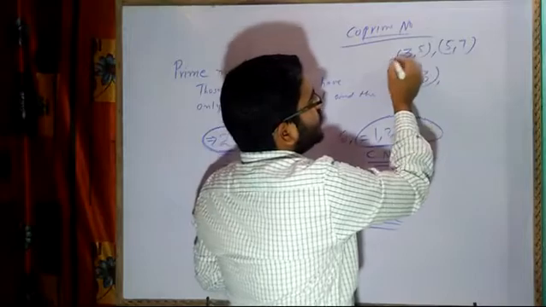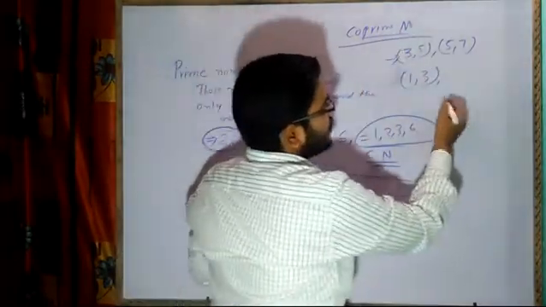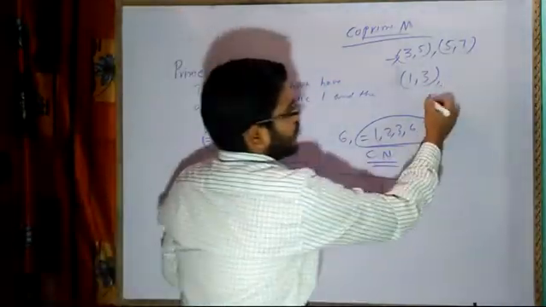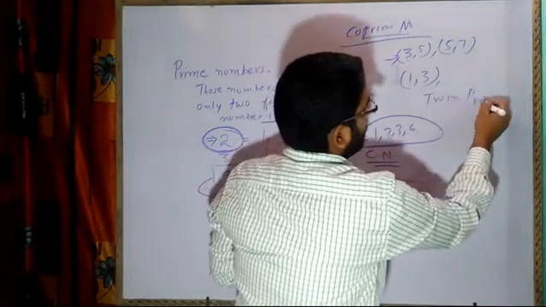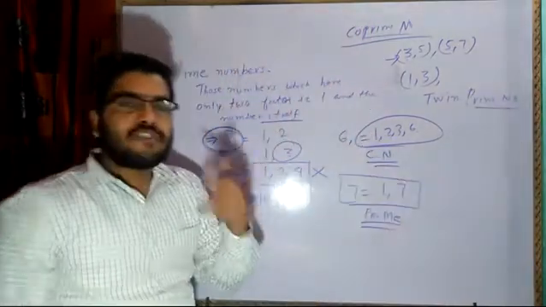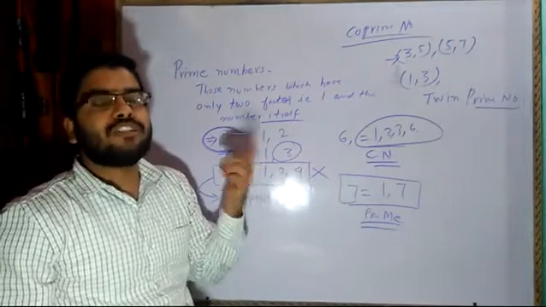Now we have twin prime numbers. First let me write twin prime numbers. Twin prime numbers means a set of prime numbers whose difference is always 2.